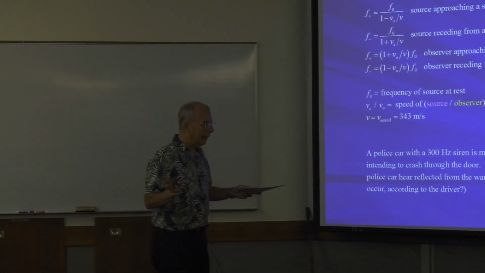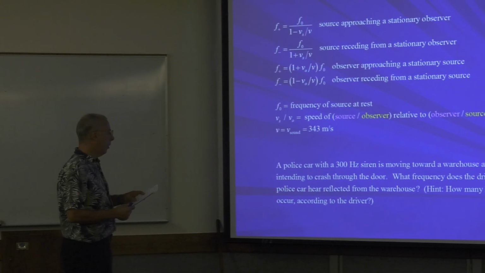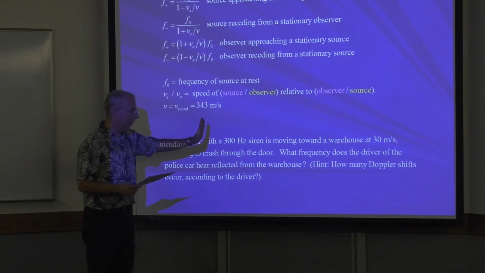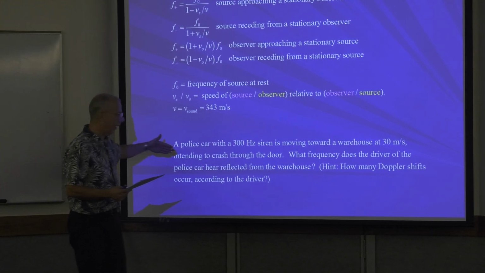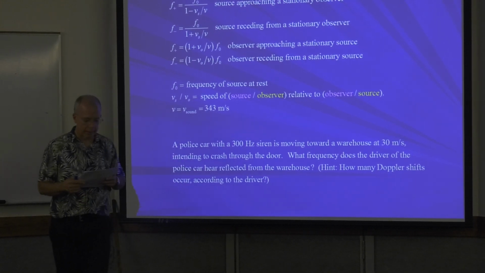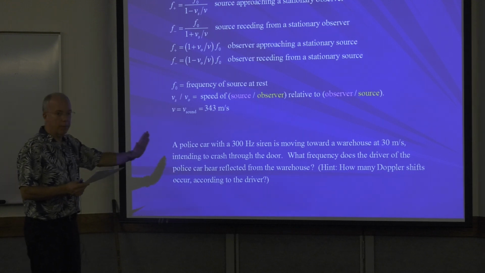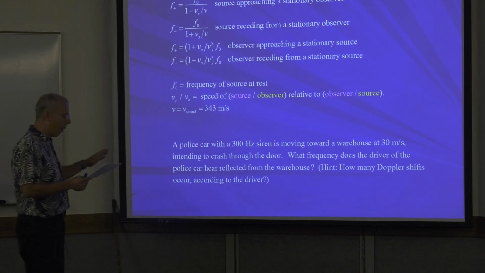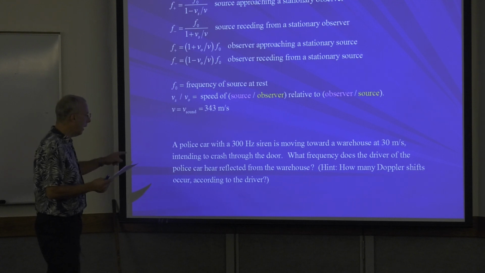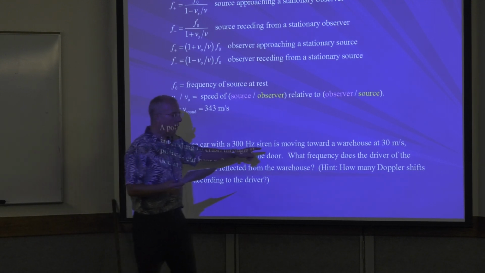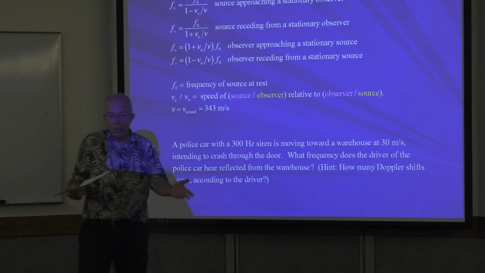So that's the key. All right, so you have a moving source, and then those moving sound waves hit the wall of the warehouse, and then they're going to be reflected. So the first part, you can basically think of the moving source as the police car, and the warehouse acts like an observer, right?